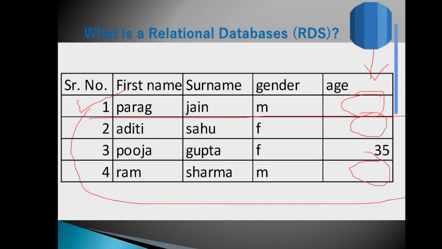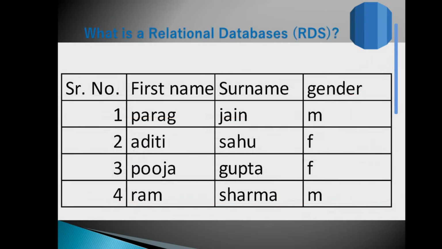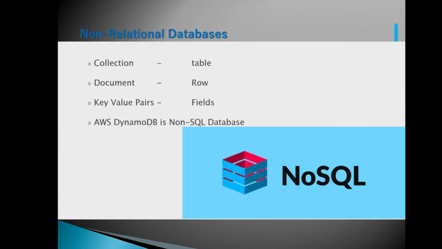Now, that's where a new system, a new database came in the market, and it is called non-relational database, which is altogether different from relational database. Non-relational database is quite similar to relational database in terms of naming.